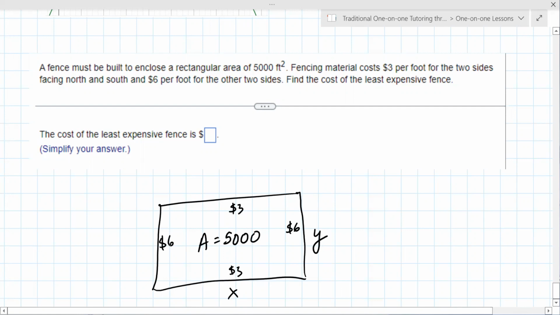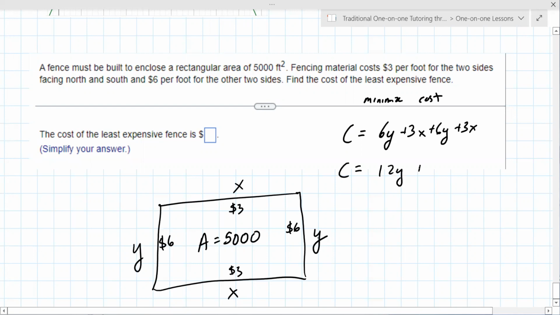So you're trying to minimize the cost, and that's key because you've got to figure out what the cost is. Well, the cost is your perimeter, but it's the multiplier of the money. So it's like 6y plus 3x plus 6y plus 3x.